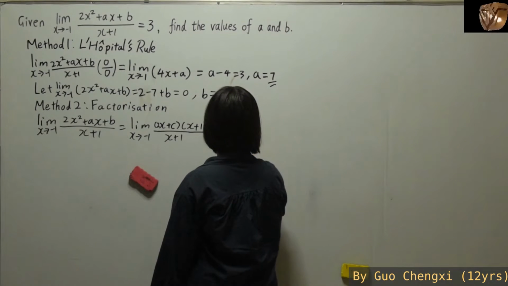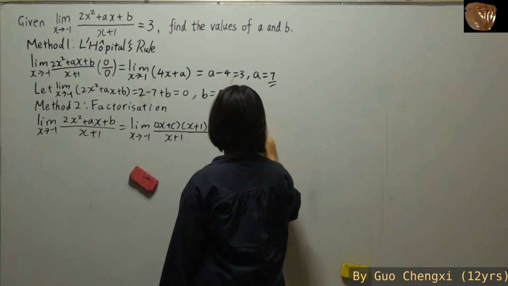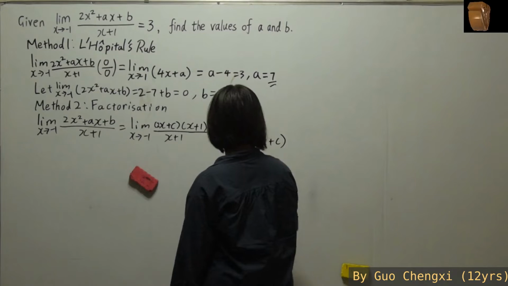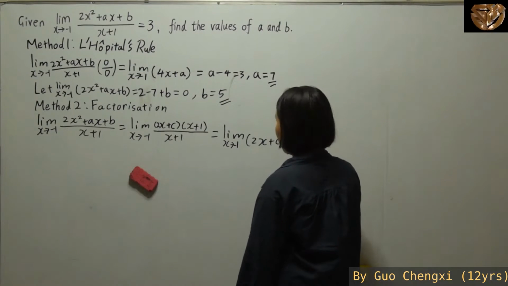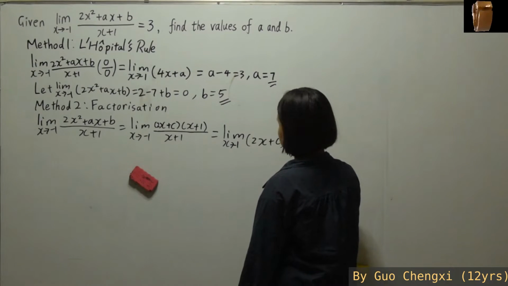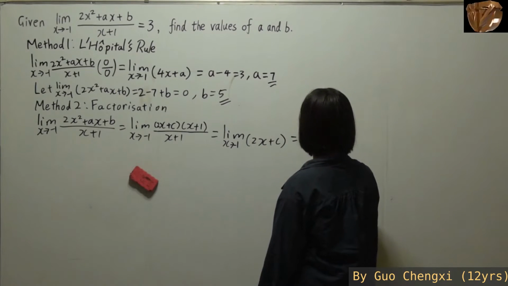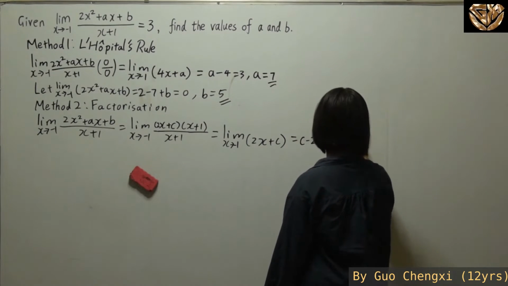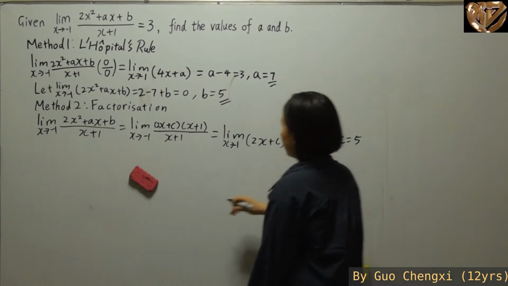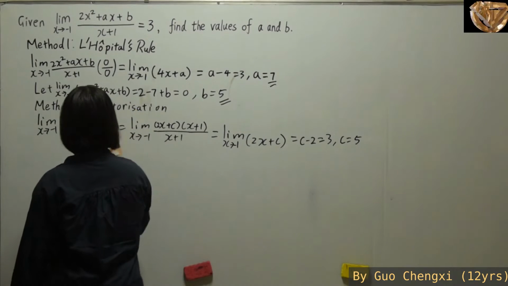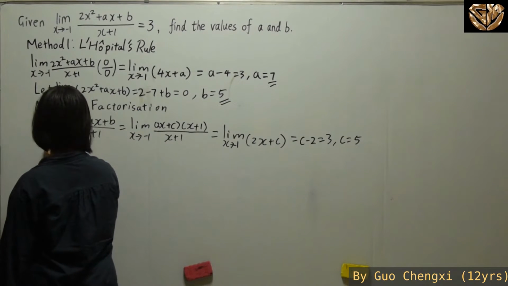What we're going to end up with is 2x plus c, as x approaches -1. Substituting, c minus 2 is equal to 3, so c is equal to 5. Now we have to find what a and b are.